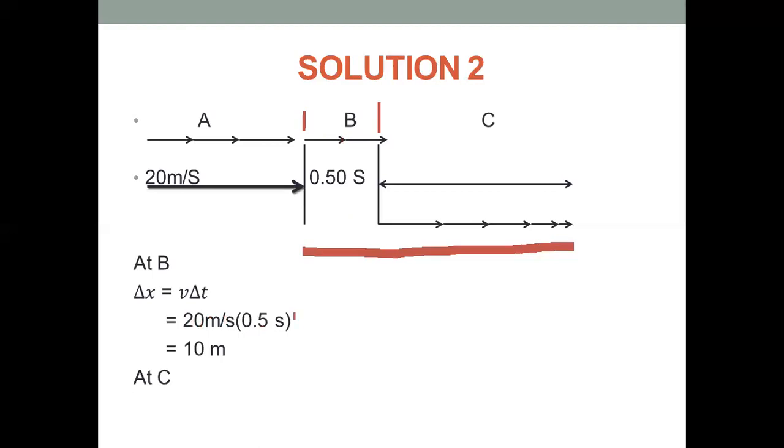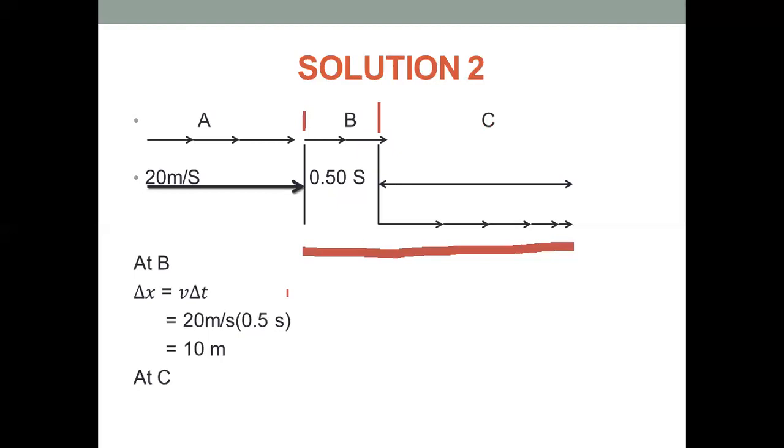When we multiply 20 by 0.5, we get 10 meters. So that is the distance in section B. We can also work out the distance in C. B plus C is 60, so the distance at C will be 60 minus the distance at B.